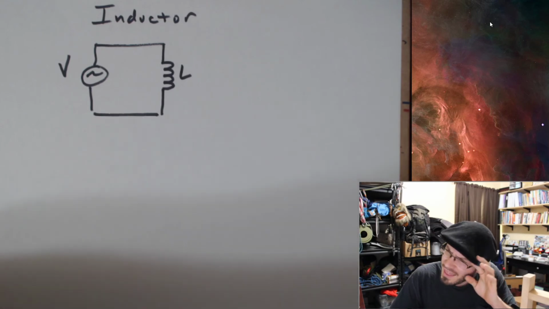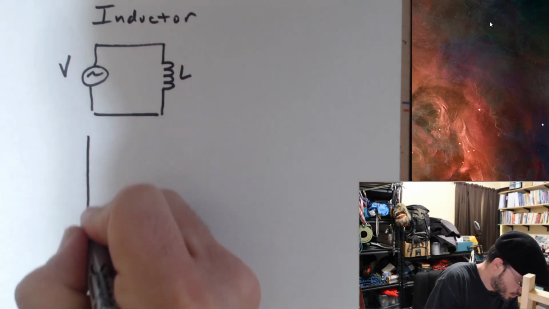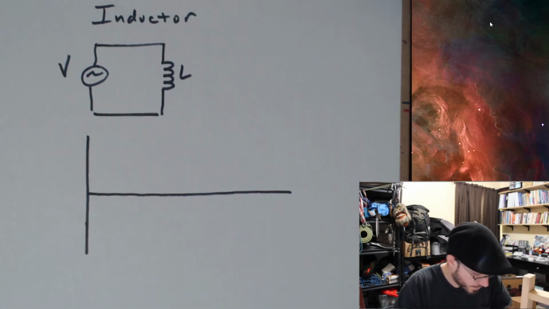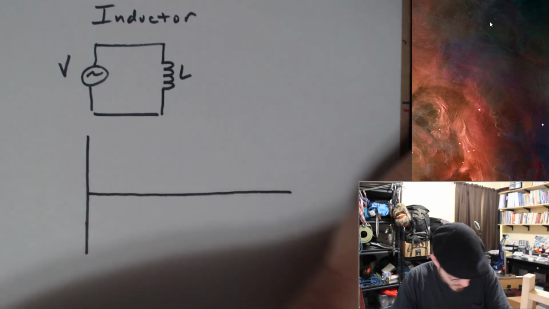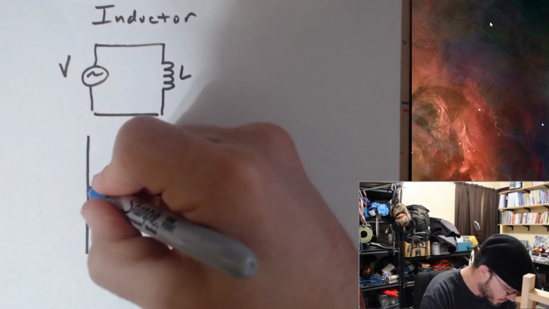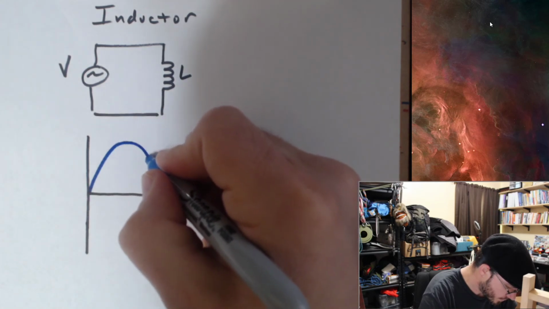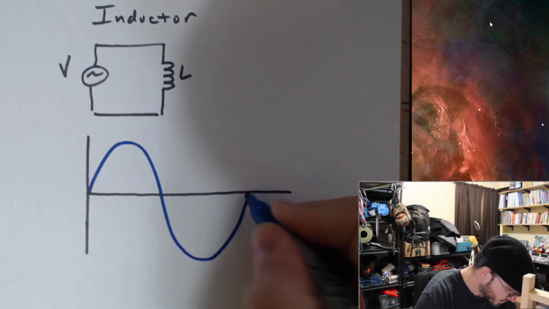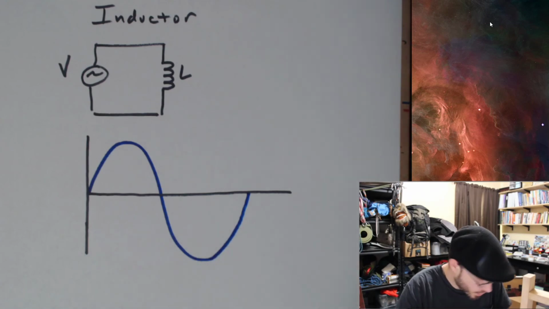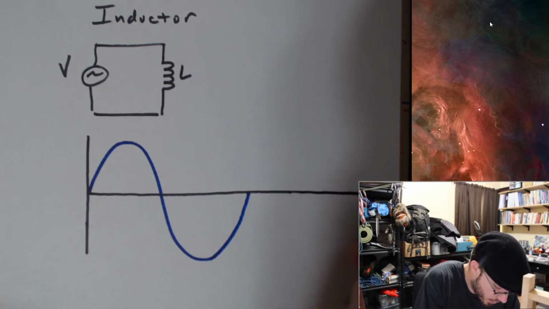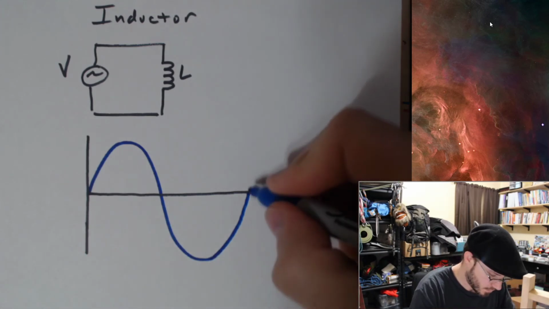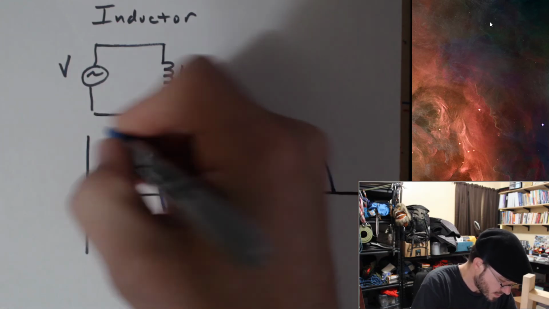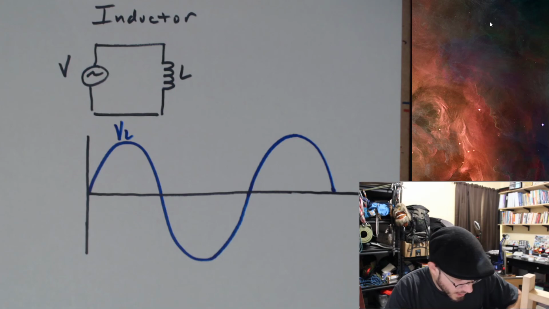Well, if we go ahead and plot this, let's start with the voltage. Actually, let me do another half cycle. And so this is going to be V sub L, the applied voltage.